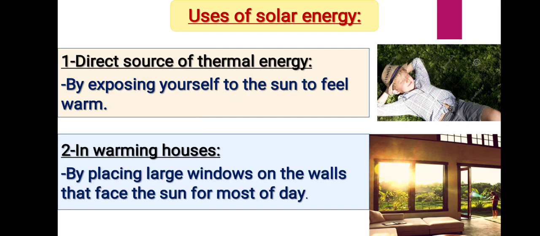Number 2, in the warming house. Do you know what the warming house is? As we can see in this picture, this is the warming house. The warming house has very large windows, and this house always faces the sun most of the day. Why? To allow the sun rays to enter the house and make the people feel warm.